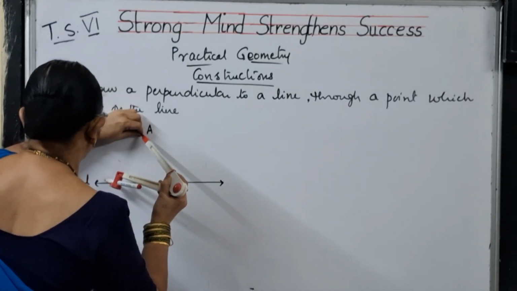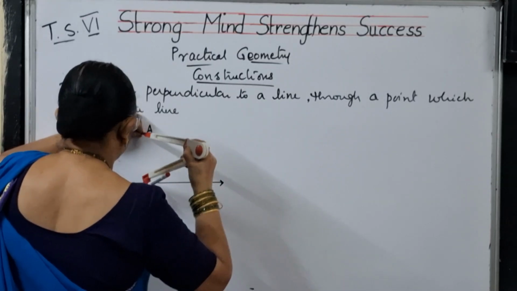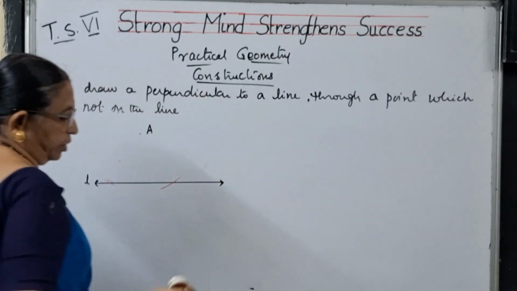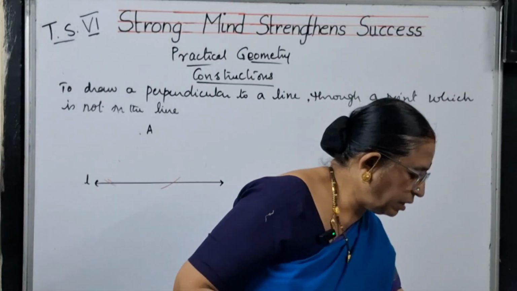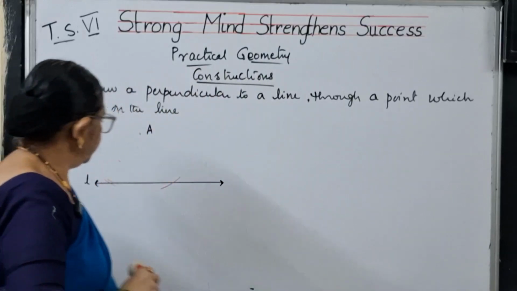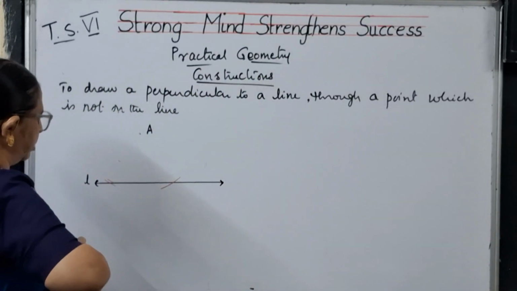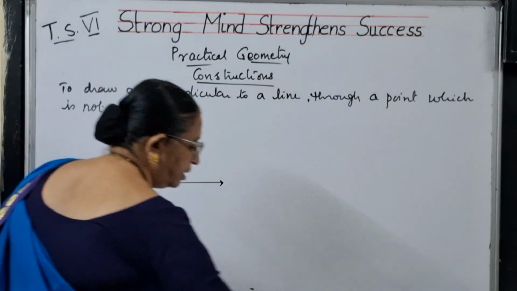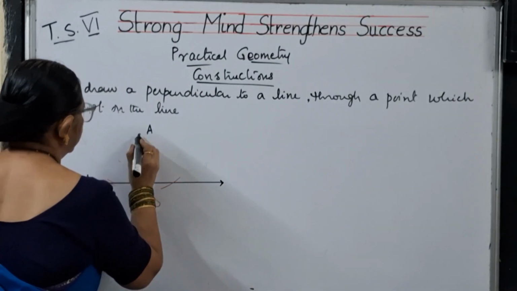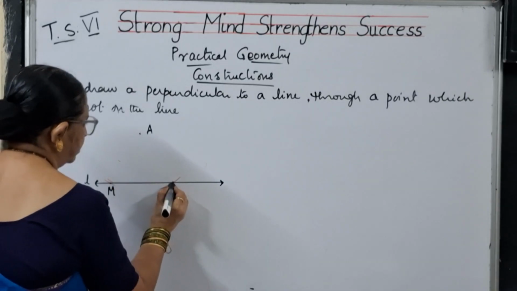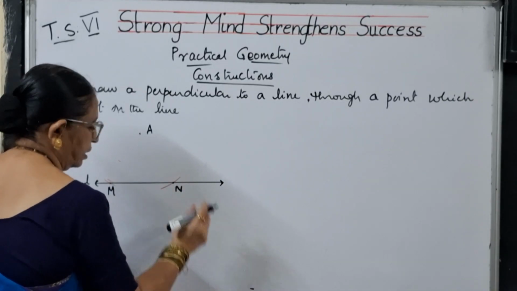They should cut the line at 2 points. After they cut at 2 points, without disturbing, you call them M and N. This is A, this point is M, and this point is N.